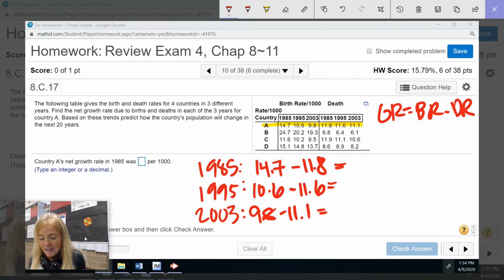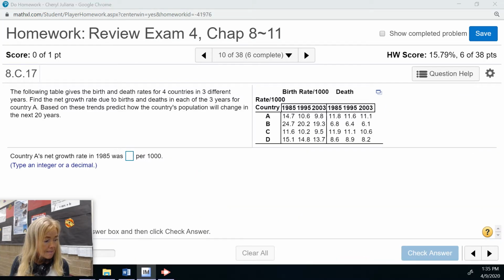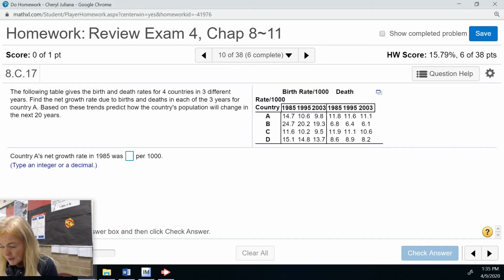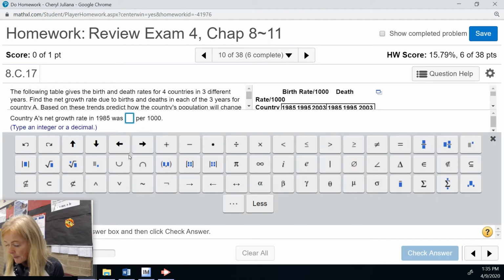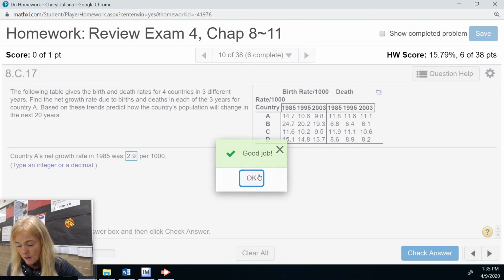So 10.6 minus 11.6, and then 9.8 minus 11.1. 2.9 per 1,000 is what I got first.